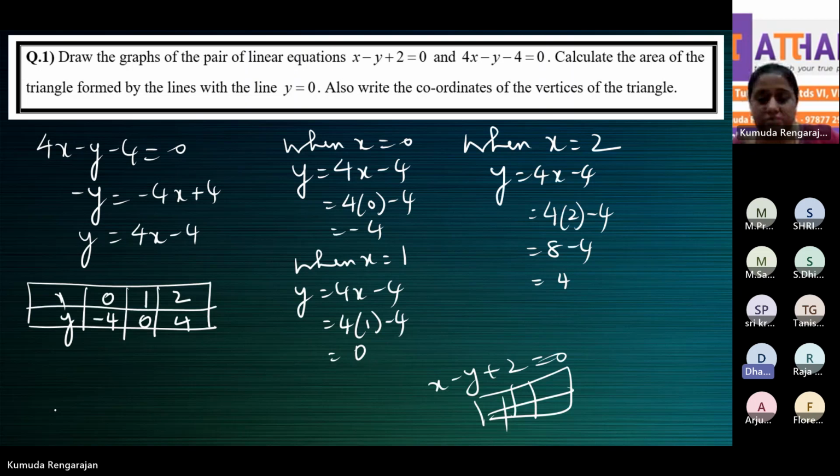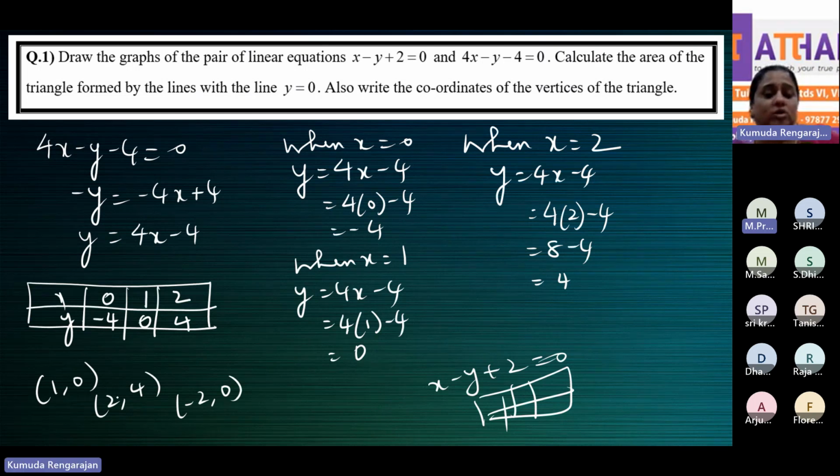Ma'am, shall I? Yes. (1, 0), (2, 4), (-2, 0). Correct. Is it (1, 0), (2, 4), (-2, 0)? Yes, ma'am.